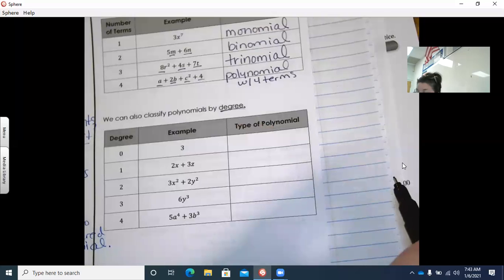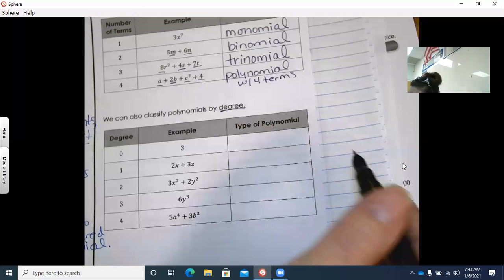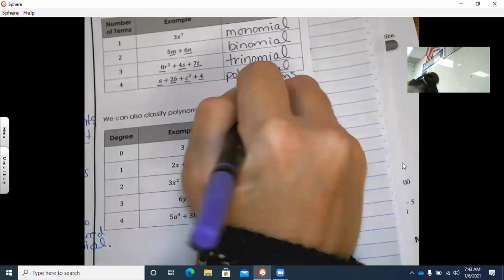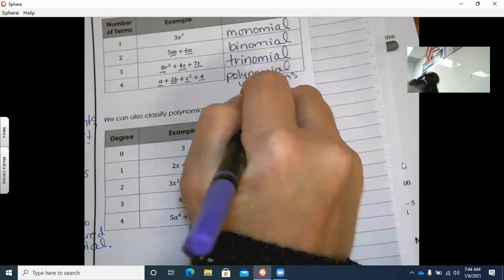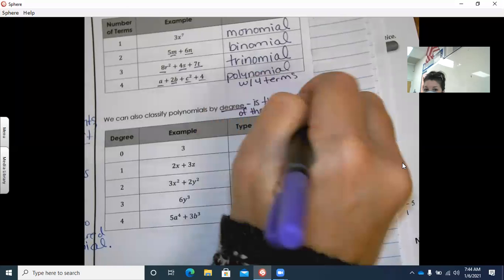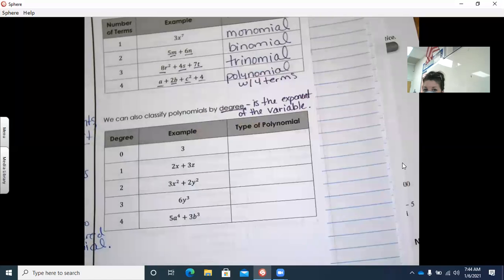Then we need to write it down. Degree is the exponent of the variable.